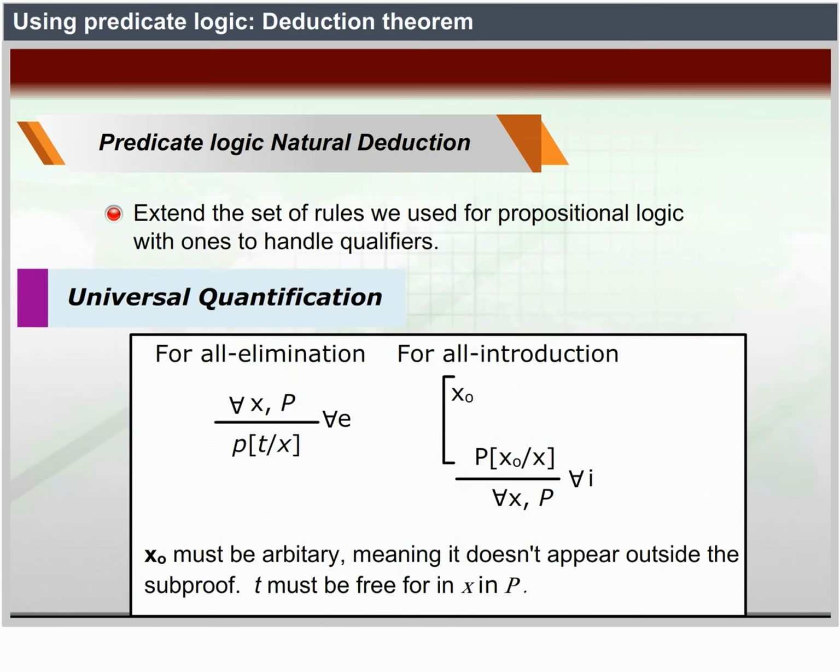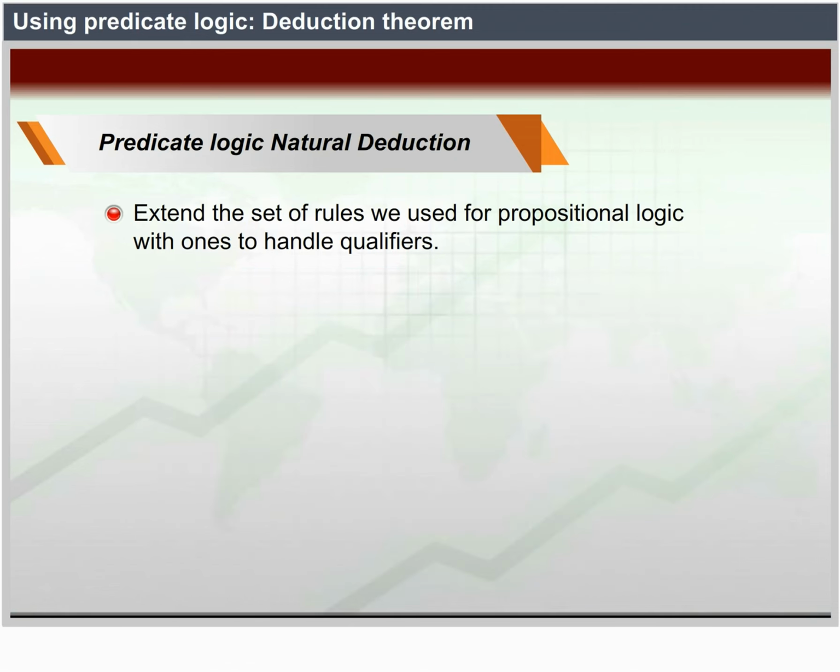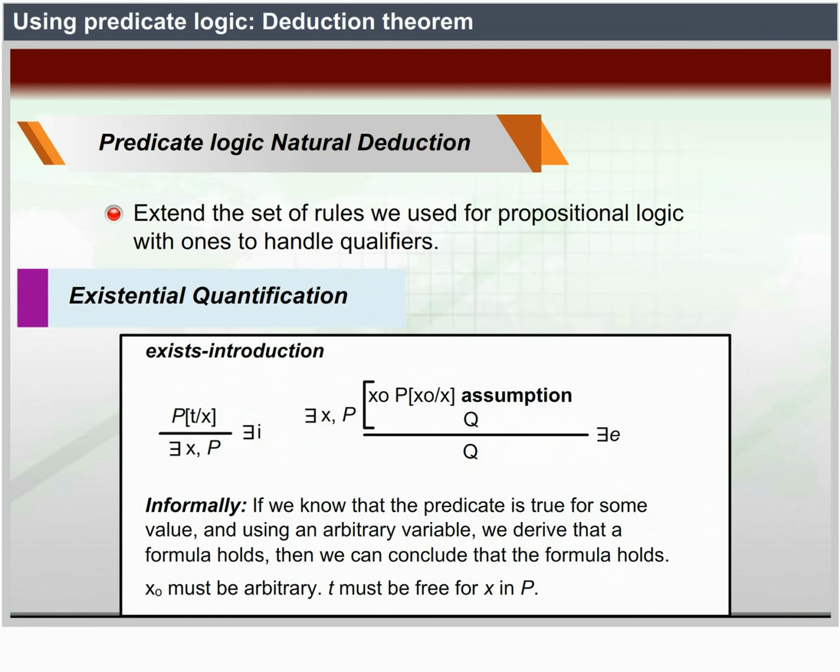For all introduction: x0 must be arbitrary, meaning it doesn't appear outside the subproof, and P must be free of x. Existential quantification. Exists introduction: from P of t substituted for x, infer there exists x. P.